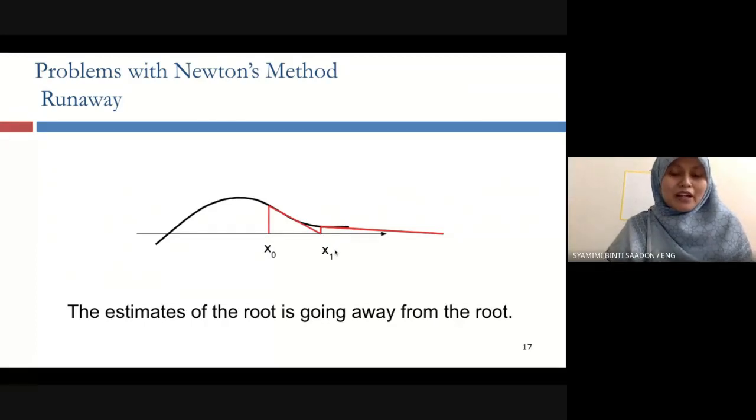This is an example where if we don't choose the initial guess wisely, we tend to not approach the solution, but go further away from the root. This is some of the problem if you use Newton's method. Instead of converging to the solution, we are going further away.